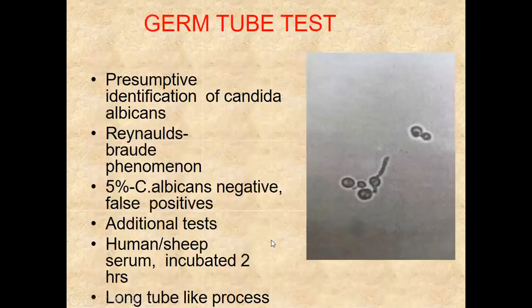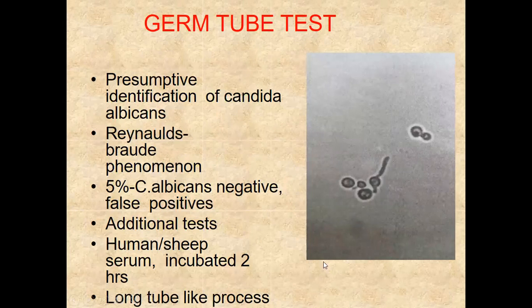Next is the germ tube test. This test is named after the yeast-like cell producing a germ tube-like structure upon culture. You can see here, this is a germ tube-like structure, so it is named after this formation of the germ tube.